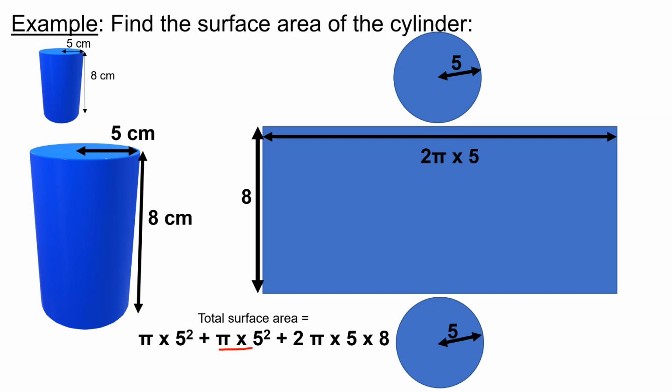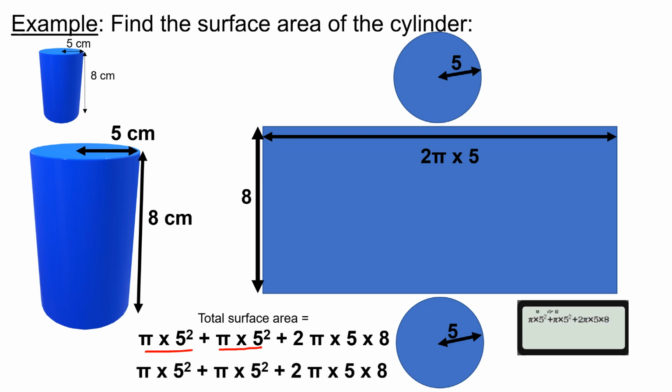The area of the other one is pi times 5 squared. And the area of the middle section is 2 pi times 5 times 8. I can put that straight into a calculator if I'm careful. And then, as a number, I will end up with 408.41 centimetres squared. And it is centimetres squared because this is a surface area, not a volume.